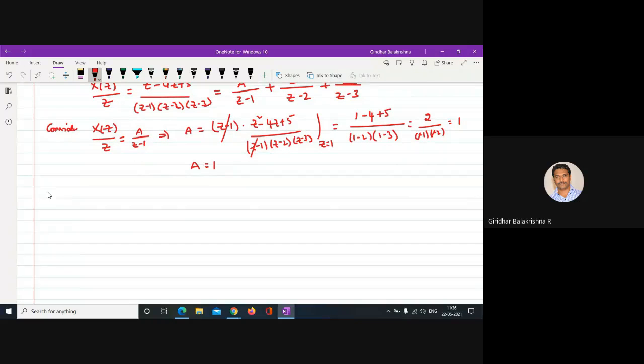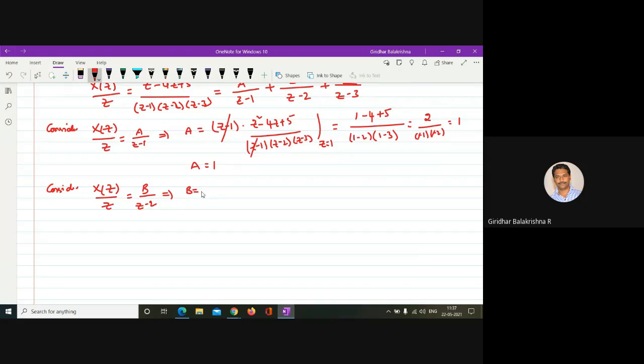Next, what we need to consider: X(z)/z equal to B/(z minus 2).